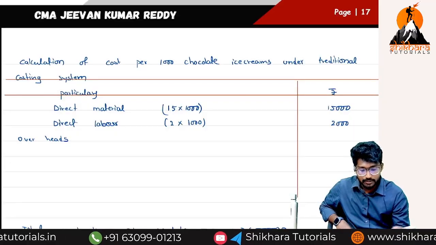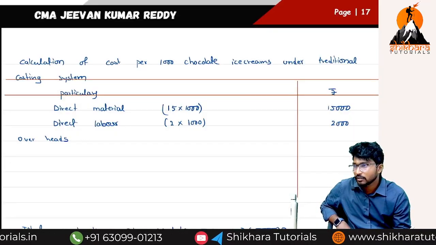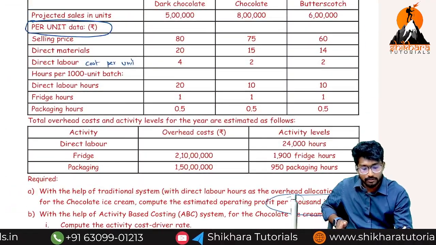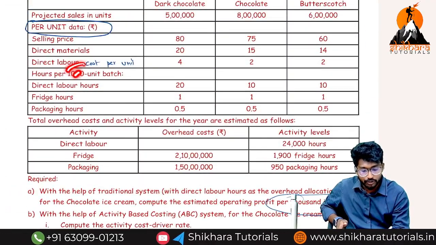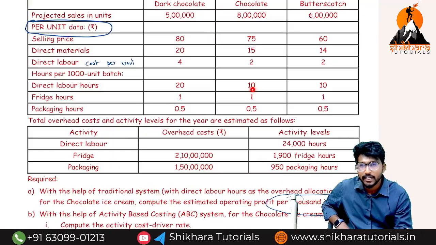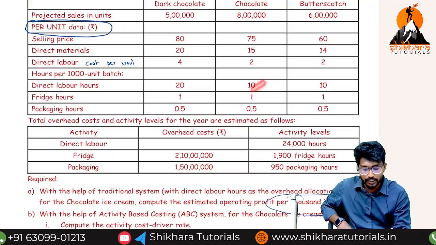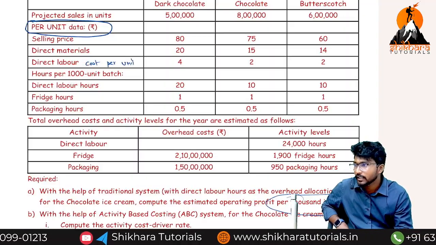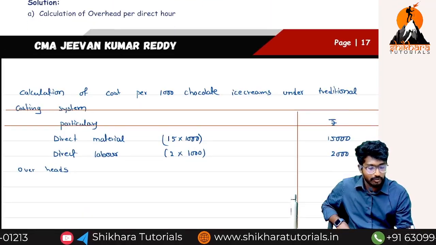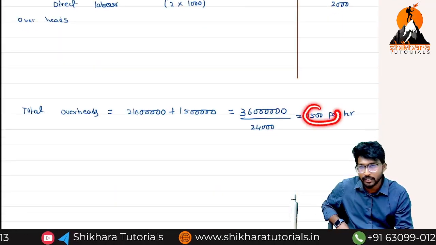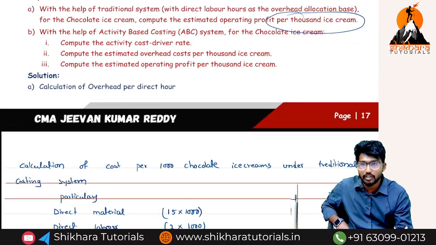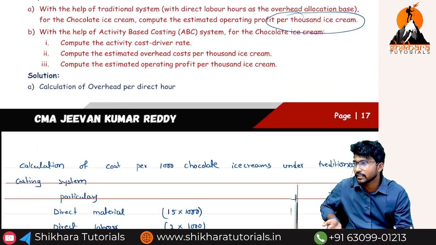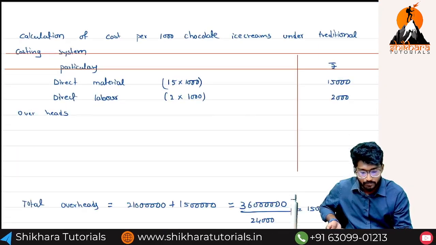Now this chocolate is consuming how many hours per 1000 units? 10 hours. For producing chocolate of 1000 units, it is consuming 10 hours. That means per hour we have to recover how much? 1500. Per 10 hours we have to recover 10 into 1500, that is 15,000 overheads.